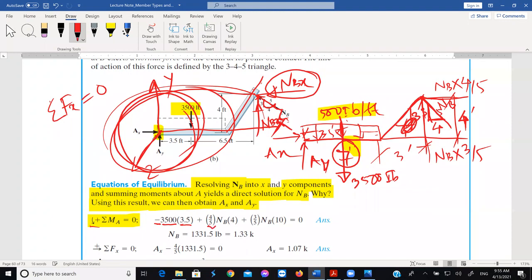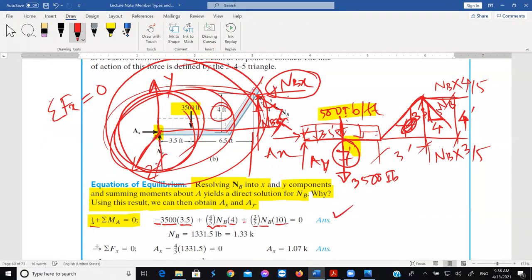So that's why they are taking 4/5 times NB, and the moment arm is 4 feet here. Also, the vertical component of NB is going to create an anti-clockwise rotation too, so that's a positive moment, and its magnitude is going to be 3/5 of NB, and the moment arm is a total of 10 feet here.